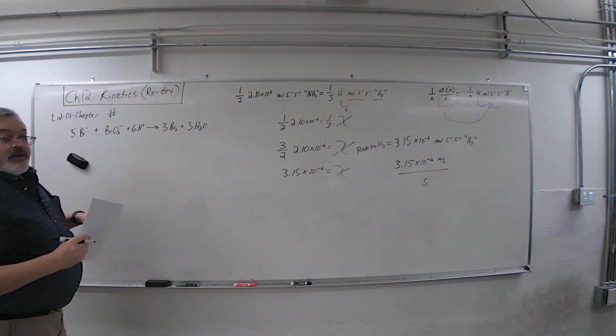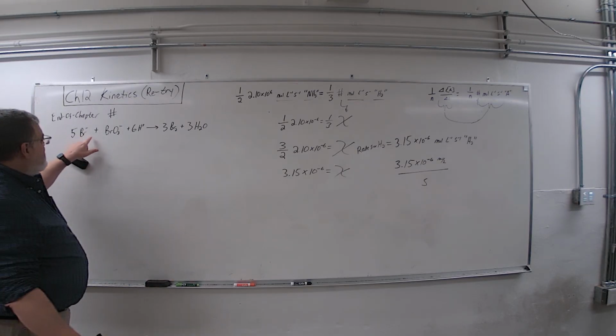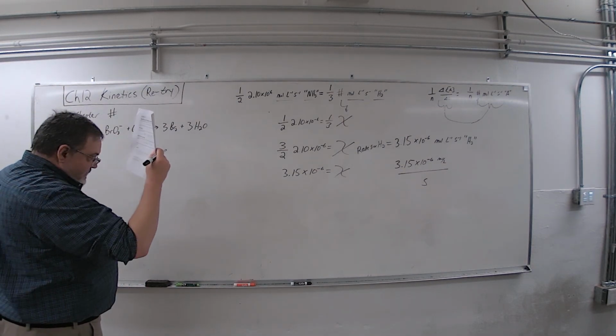You remember net ionic equations from last semester? I know my class did. That's what that is. It's a net ionic equation. That's why you're seeing negatives and ions. But it doesn't change anything that we've done.